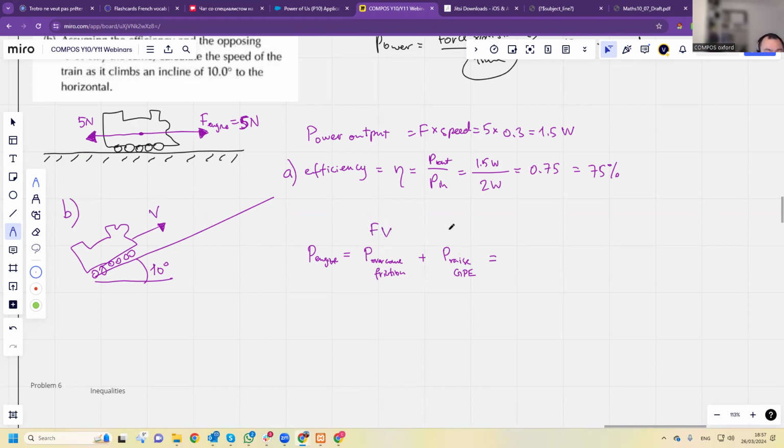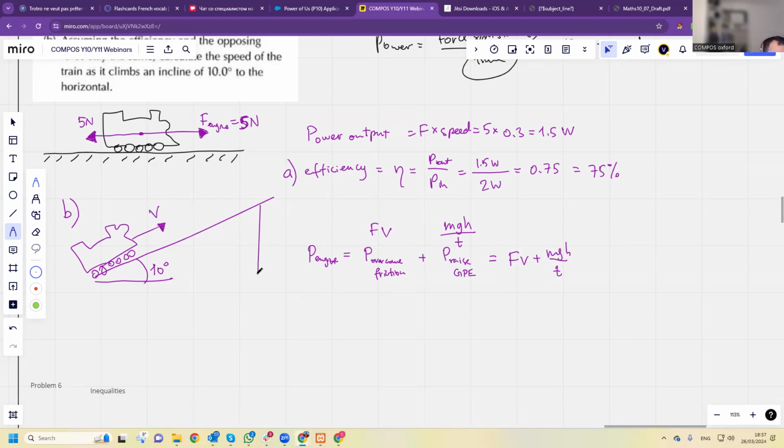The power to raise GPE is going to be mgh over time, because it's the rate at which gravitational potential energy is changing. So power of the engine is going to be Fv plus mgh over t.